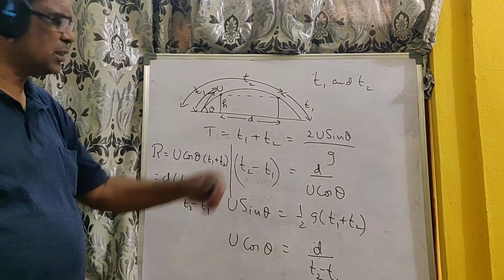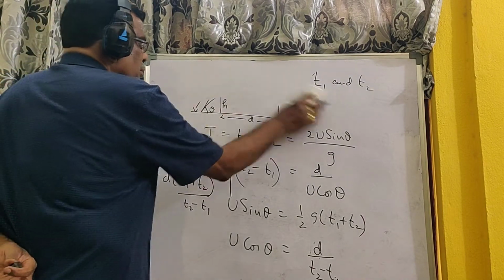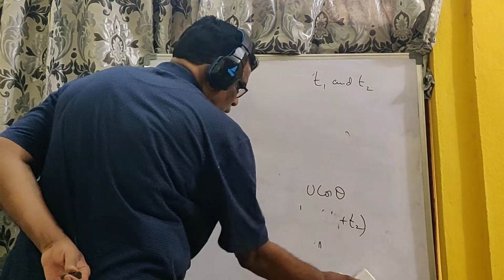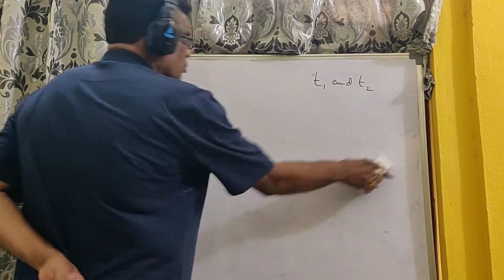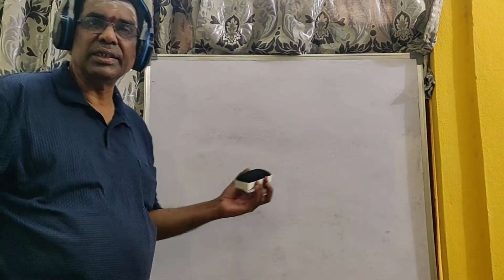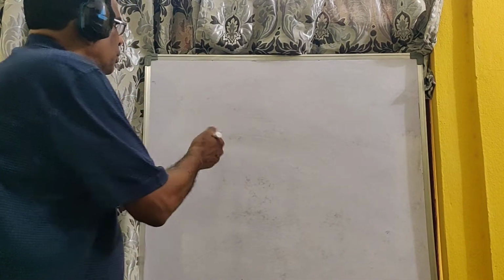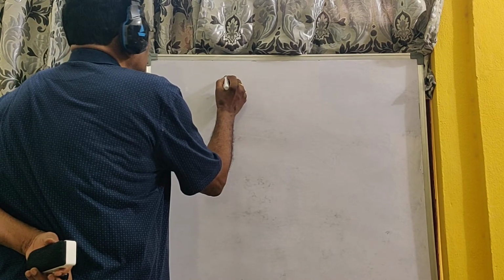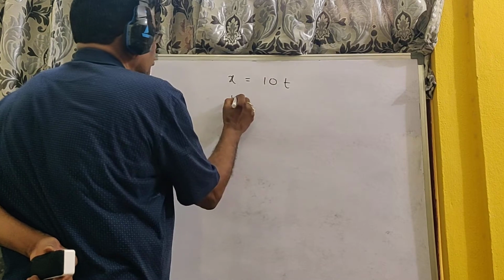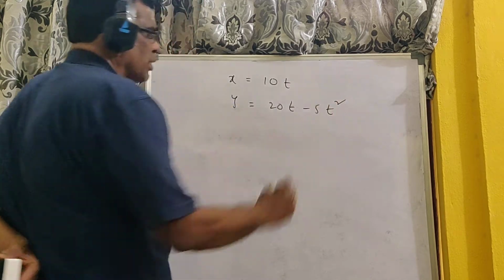Okay? So they may ask several such questions based on the symmetric projectile. We have seen, if you recall, a number of cases in the symmetric projectile. So they can give, for example, x is equal to 10t, y is equal to 20t minus 5t square.